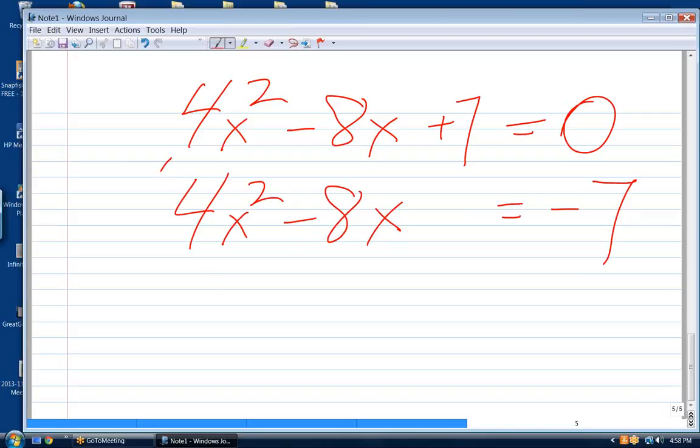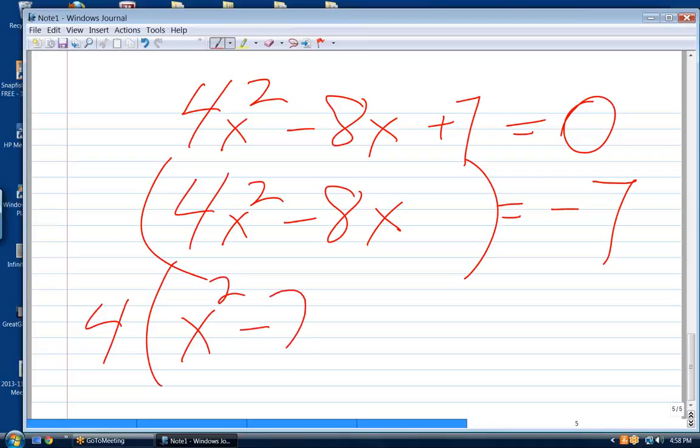But now, in order to complete the square on the left side, I have to make sure that the coefficient of the x squared term is 1. So I have to factor out a 4. So I have to write it like this. In other words, I am not ready to complete the square until I have that coefficient as 1.